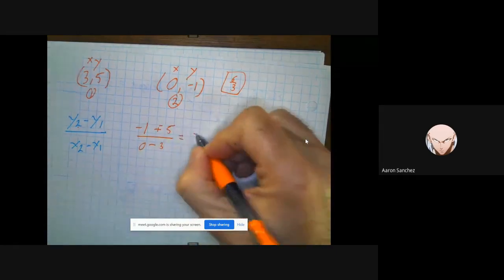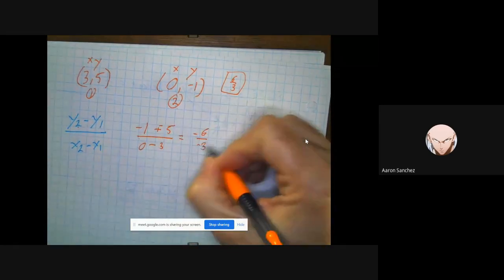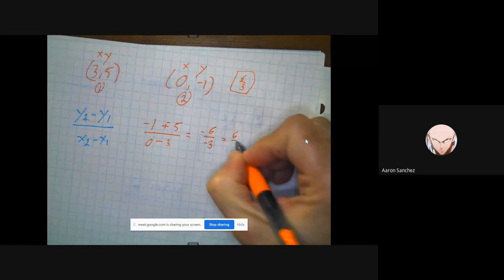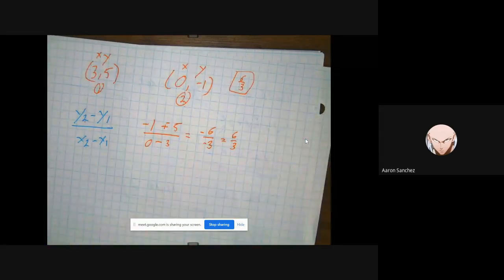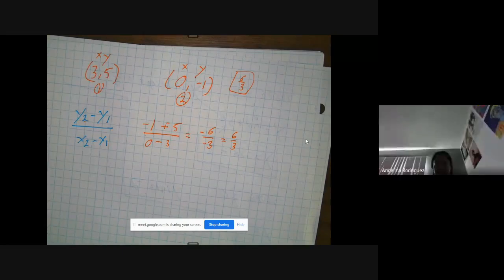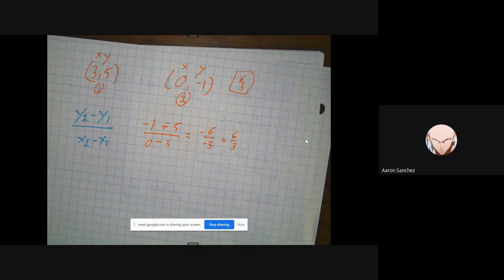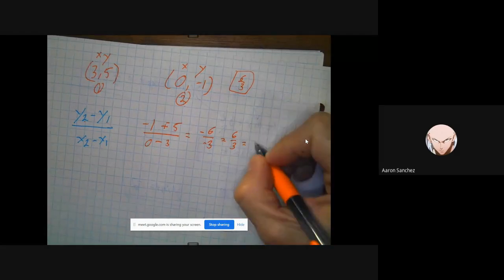I got -6 over -3, which is also 6 over 3. All right, Angelina, did you reduce it? 6 over 3. All it is 6 divided by 3. Angelina? 2. Yeah, 2. 6 divided by 3 is 2, just leave it as 2.